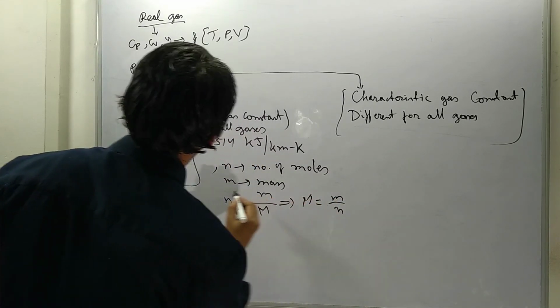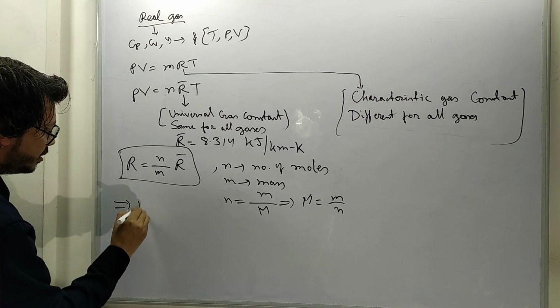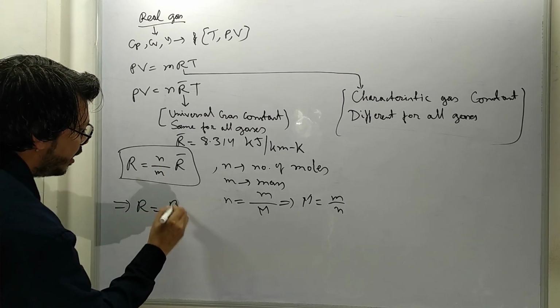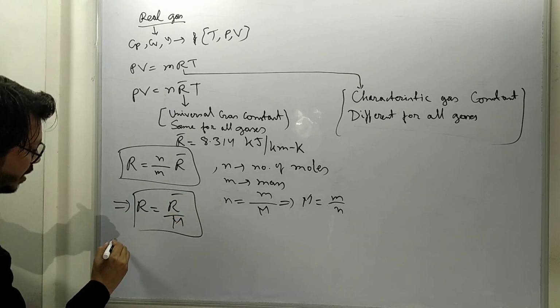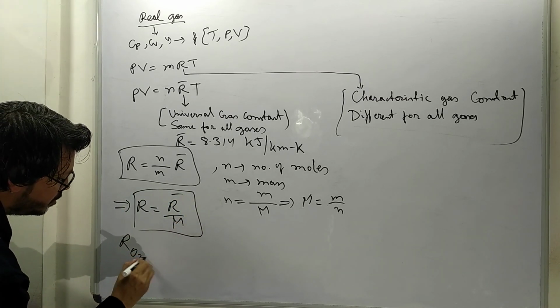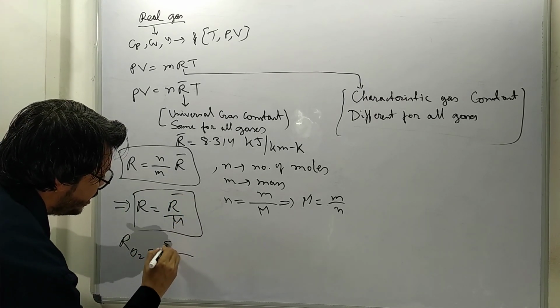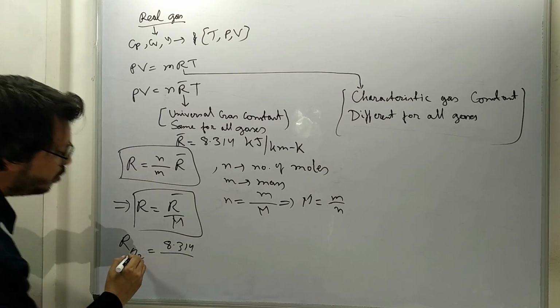Substituting this value here, we get R is equal to R dash by M. So R for O2 is 8.314 by the molecular weight of oxygen, which is 32.